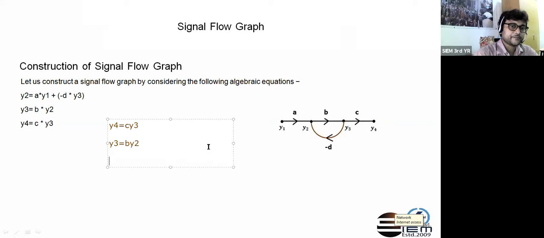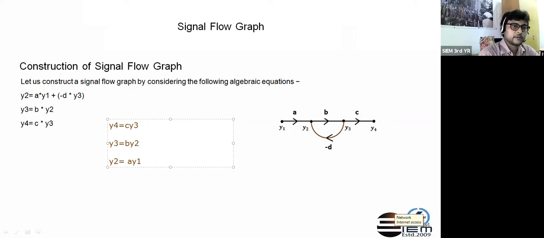Now what is y2? Y2 is nothing but the node value, and this is the sum of all incoming values. So it will be a y1. Then another branch value is there, that is minus d, so it will be minus d into y3.